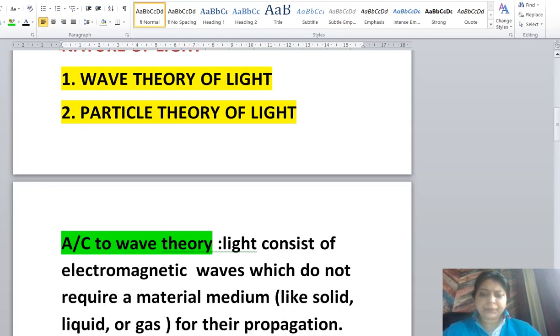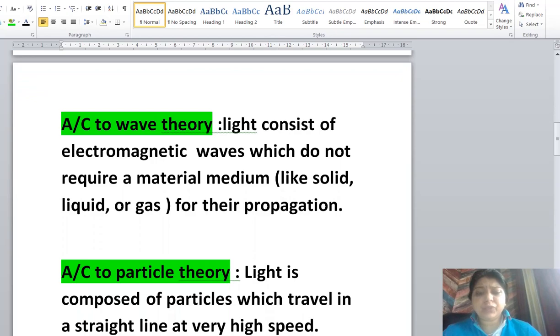According to wave theory, light consists of electromagnetic waves which do not require a material medium for their propagation. इनके प्रोपेगेशन के लिए इन्हें किसी भी मीडियम की रिक्वायरमेंट नहीं है.